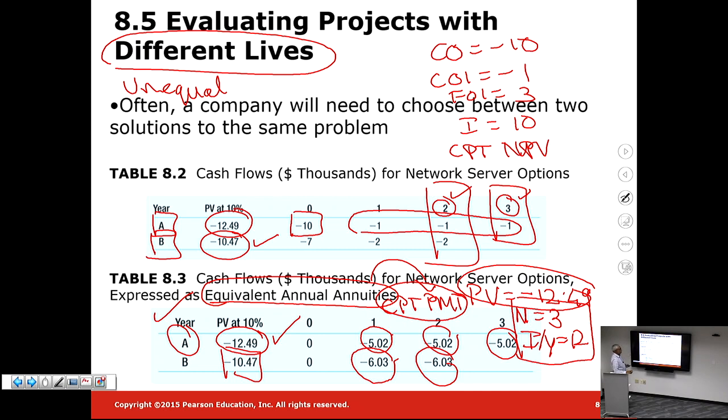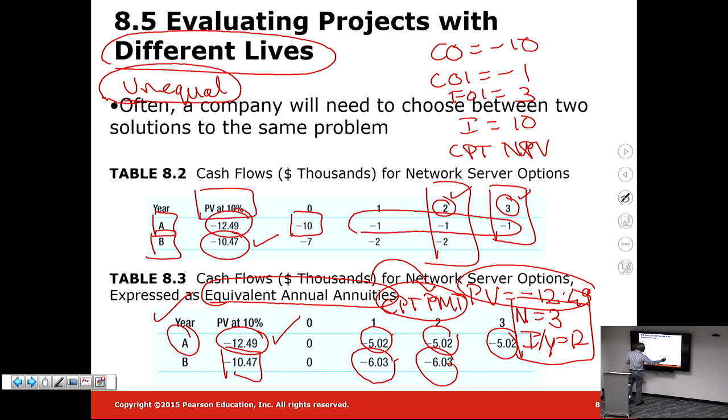for this particular project. So we are faced with calculating equivalent annual annuities anytime we are comparing 2 projects or 3 projects that have unequal lives, that have different lives. Then we have to translate them into equivalent annual annuities through this 2-step process. Step 1, we calculate net present value.